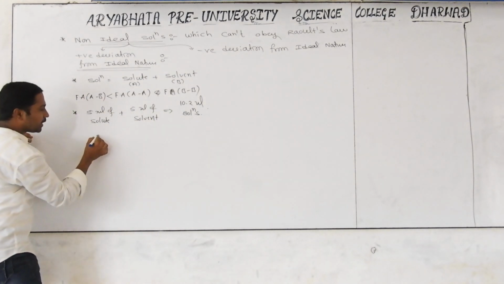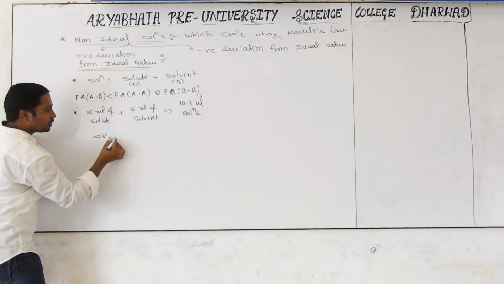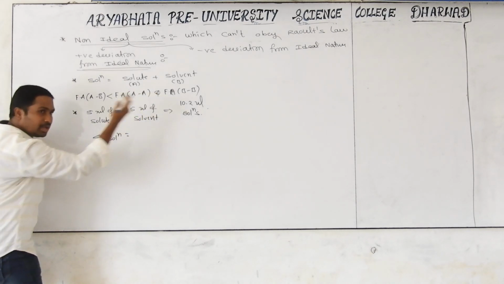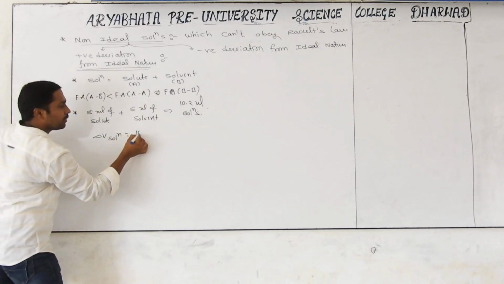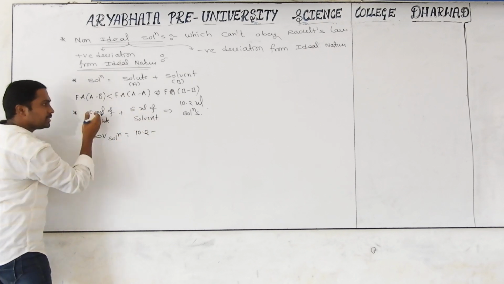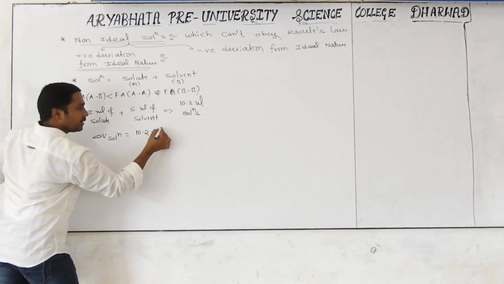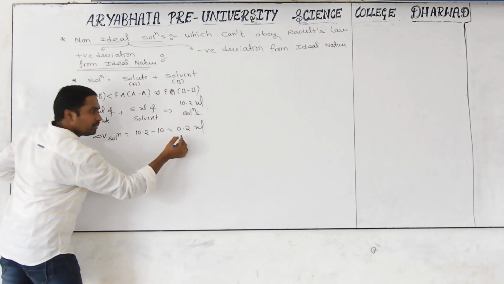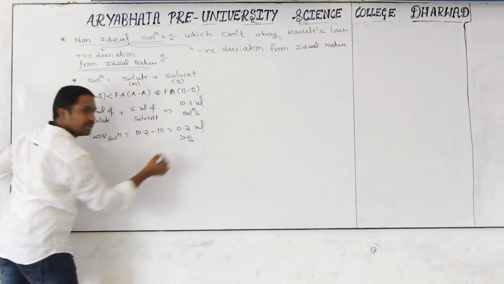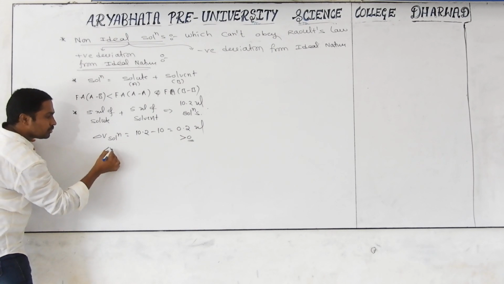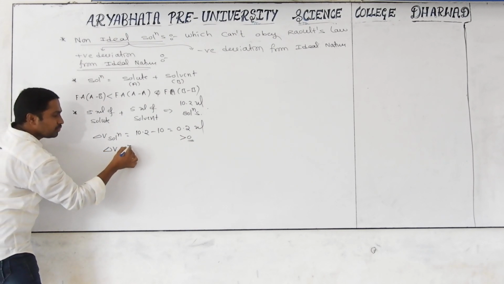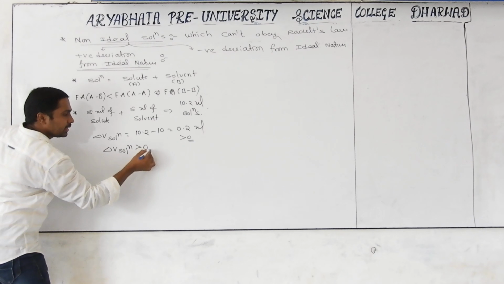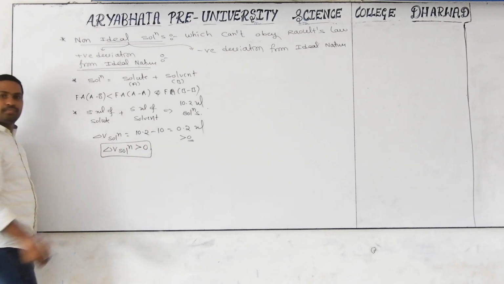The change in volume for the solution is final value minus initial value: 10.2 minus 10, which is 0.2 ml. Is it greater than 0? Yes. That's why for positive deviation, the change in volume for the solution is greater than 0.